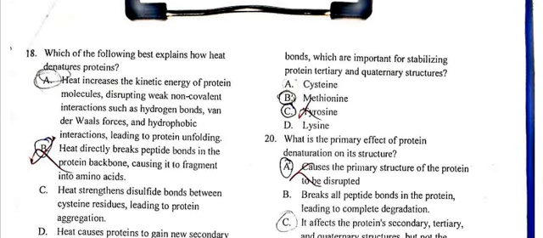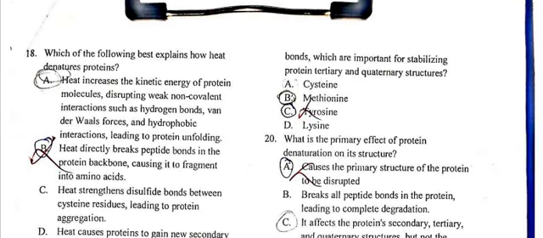Okay, so whenever you heat a protein, the hydrogen bonds gain kinetic energy, and eventually their rate of vibration increases, and as they vibrate they begin to break, and as they break they begin to lose their three-dimensional structure.